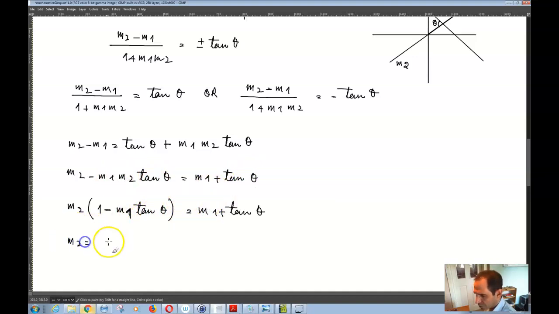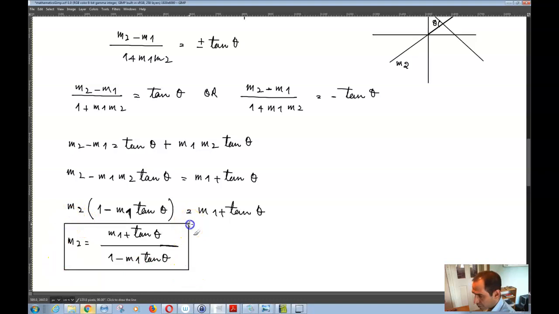So here m2 is equal to (m1 plus tan theta) over (1 minus m1 tan theta). So this is one equation for m2.